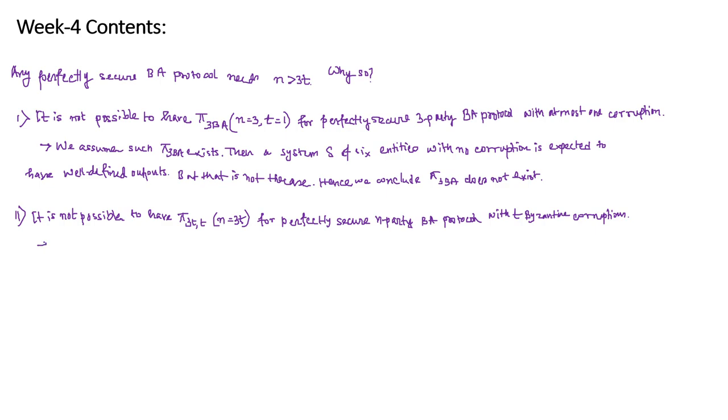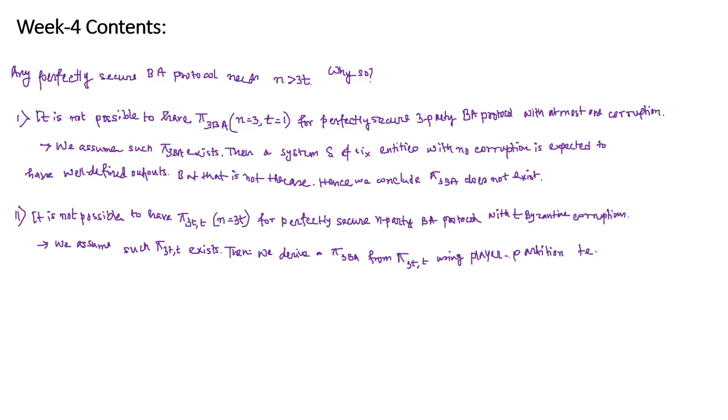And the proof again proceeds by contradiction. So first we assume such a Pi 3t exists, then we derive a Pi 3BA from Pi 3t using the player partition technique, right?